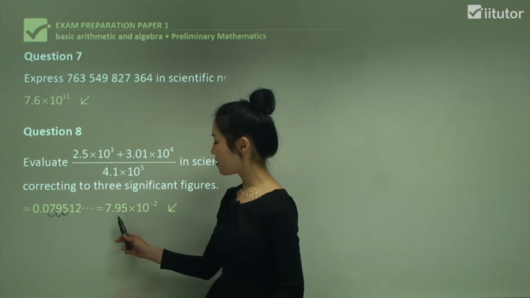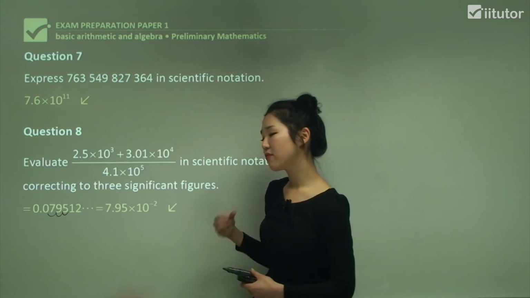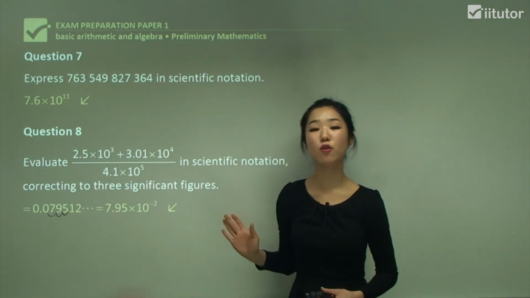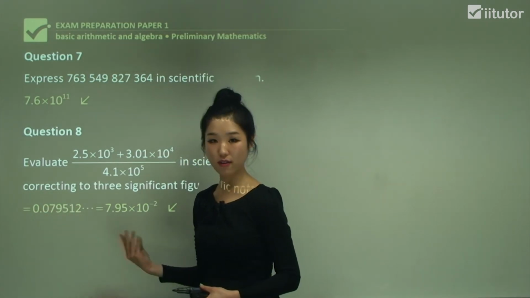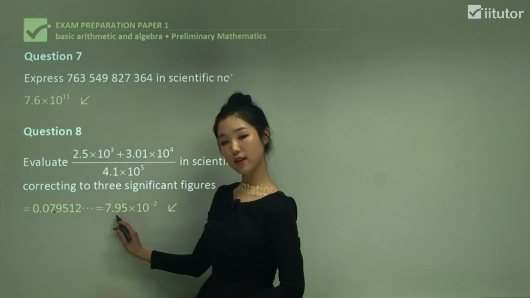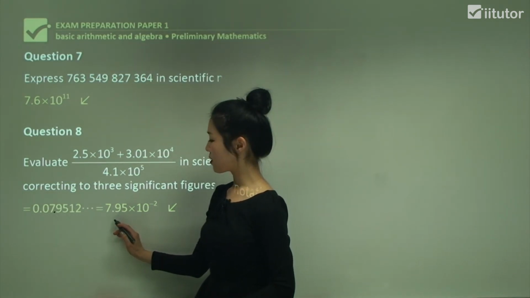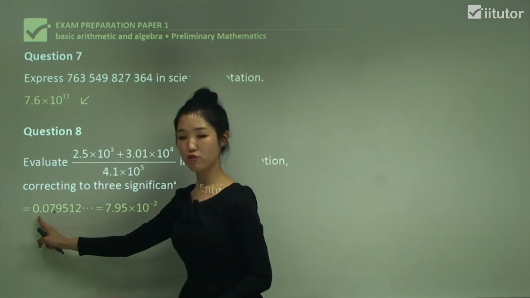7.95, and see I put the decimal in front of the first number, but when I mean the first number, it must be the first number that's not 0. So in this case, the number that's not 0 and it's first is 7. So I'm going to put the decimal there, just like I did here in the answer, and I'm going to see how many places I have to move to go back to the original spot.